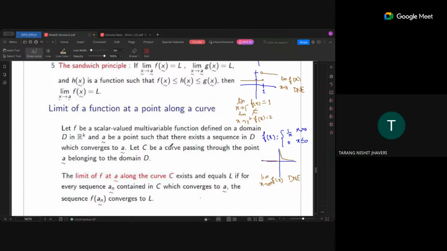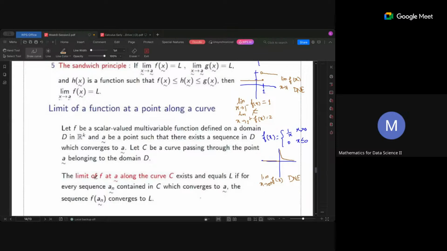But this is for one variable only. No, I just first told you what is happening in one variable. Now I am talking about functions of several variables. Now what happens to the limit of this function at a particular point? For that, you can take any curve passing through that point in the domain.